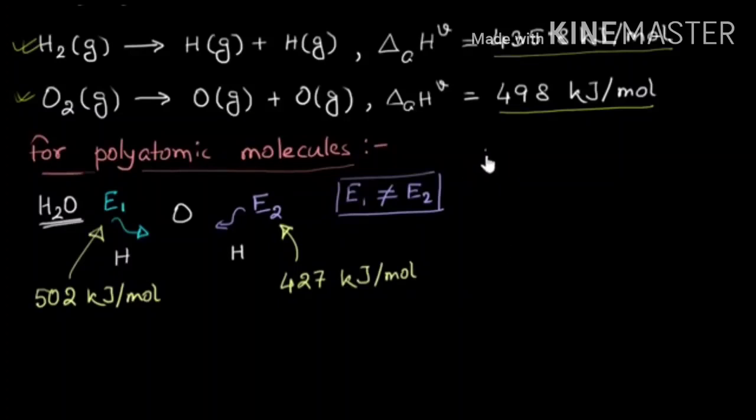In the case of a polyatomic molecule, we take the average bond energy for bond enthalpy. Hence, it is defined as the amount of energy required to break 1 mole of bonds of a particular type between the atoms in the gaseous state.